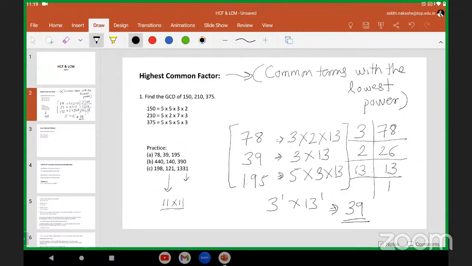And similarly, 1331 is nothing but 11 cube, 11 into 11 into 11. And you can solve this for 198. Again, for 198, is it divisible by 11 or not? You can check it. Because we have already got the common number between 121 and 1331, that is 11.